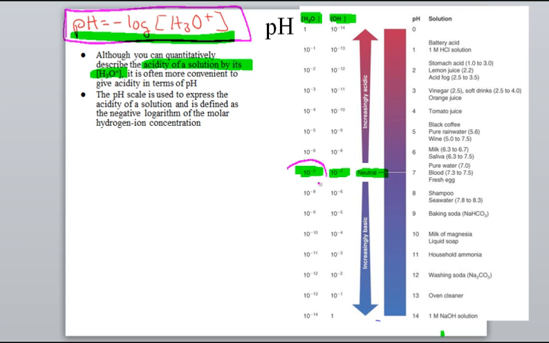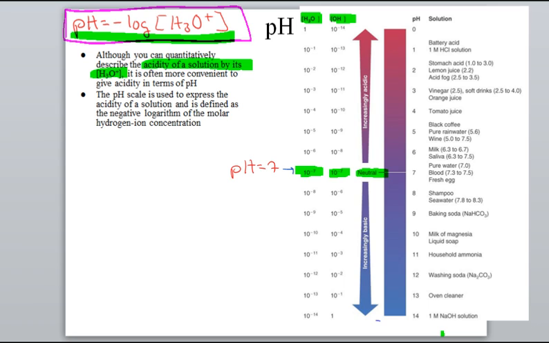If you plug this hydronium ion concentration into the pH equation, that pH would equal 7. When the pH equals 7, and for this class, only when it equals exactly 7, will we call a solution neutral. If the pH is less than 7 or greater than 7, if the hydronium concentration is greater than 10 to the negative 7th molarity or less than 10 to the negative 7th molarity, it's not neutral.